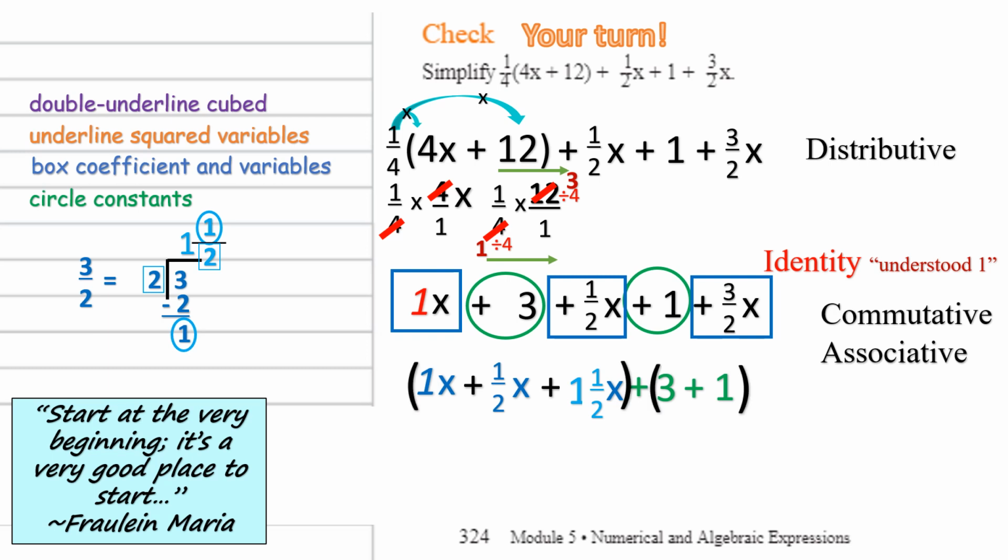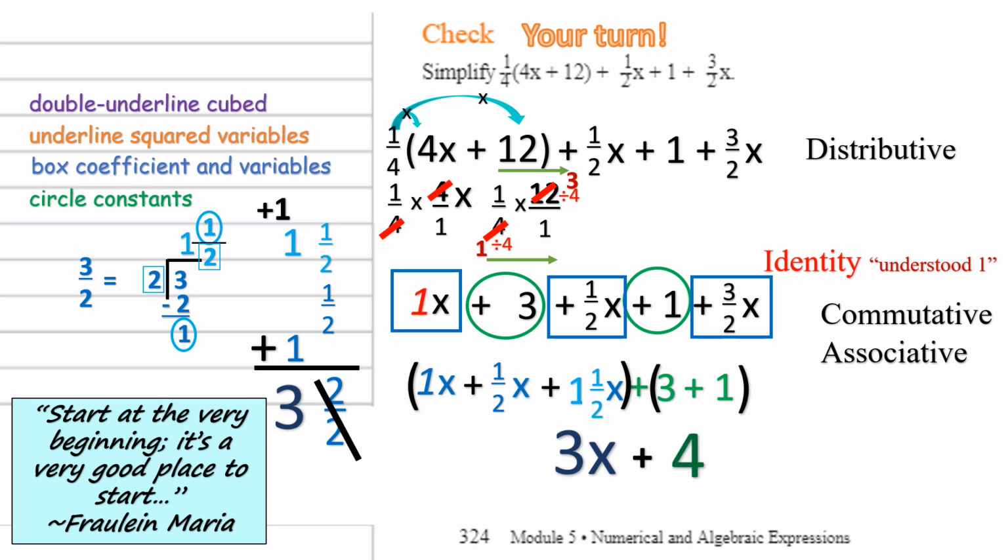So 1 and 1/2 plus 1/2, well, that's 2, plus 1, then that's 3, right? So when I get a whole number of 3, then I just keep my variable of x. Did you get there? And then hopefully you ended up with 3 plus 1, and you got plus 4. Did you finally get to that final answer?